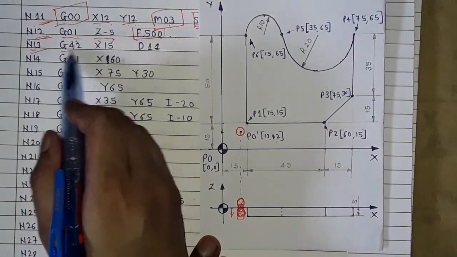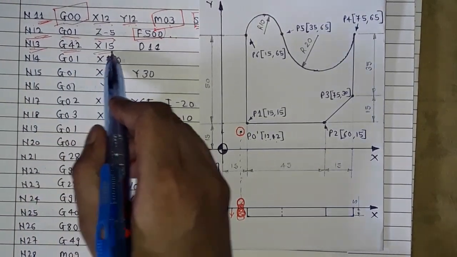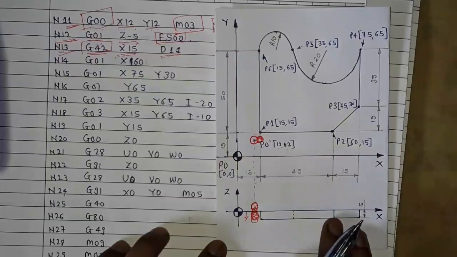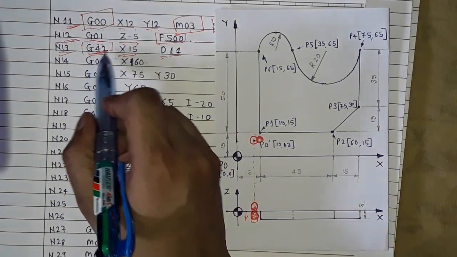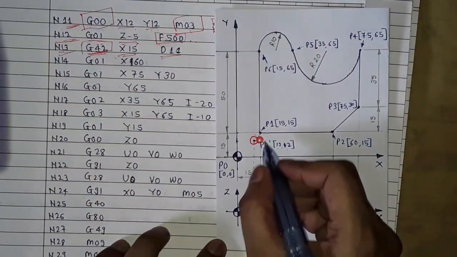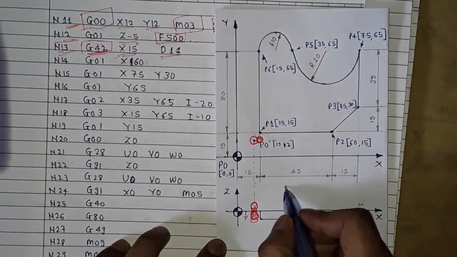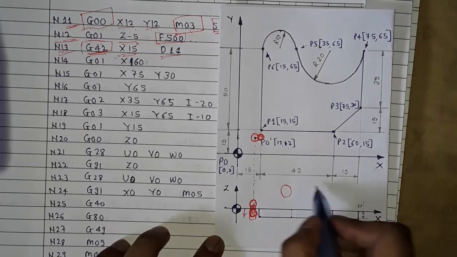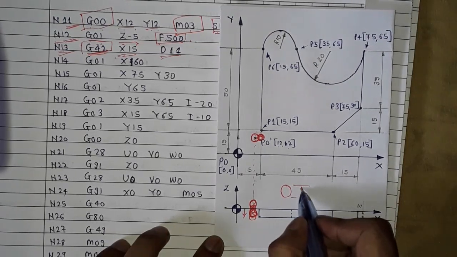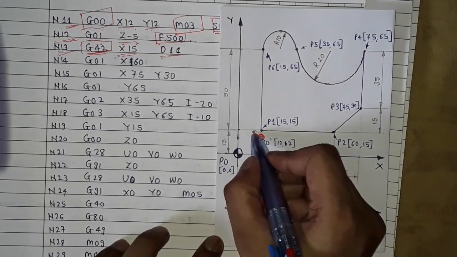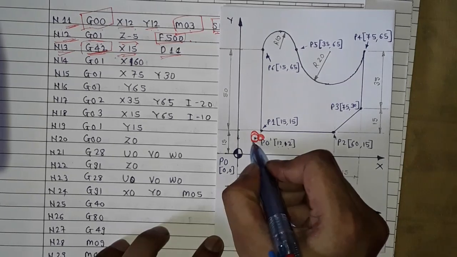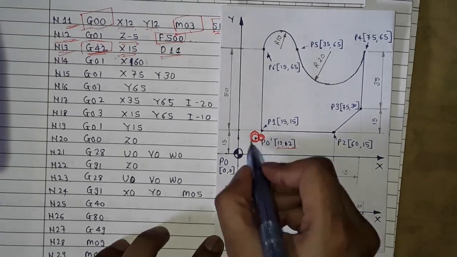N13 G42 X15 D11. Here friends, we have used G42 cutter radius compensation. Our cutter diameter is 6, so the radius is 3. First we have our cutter at 12, 12.